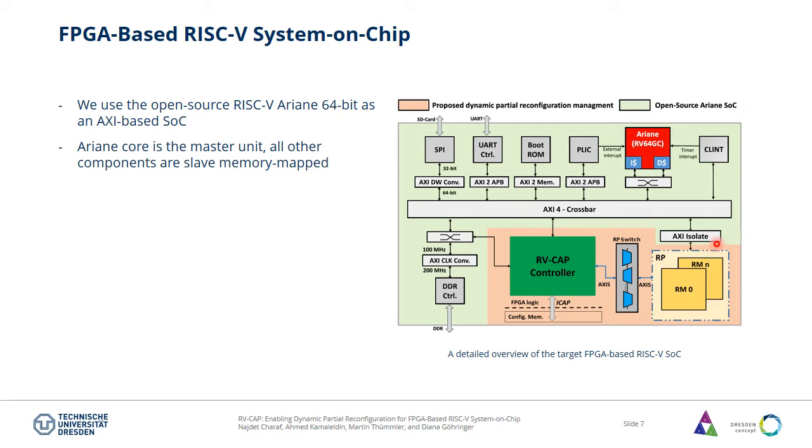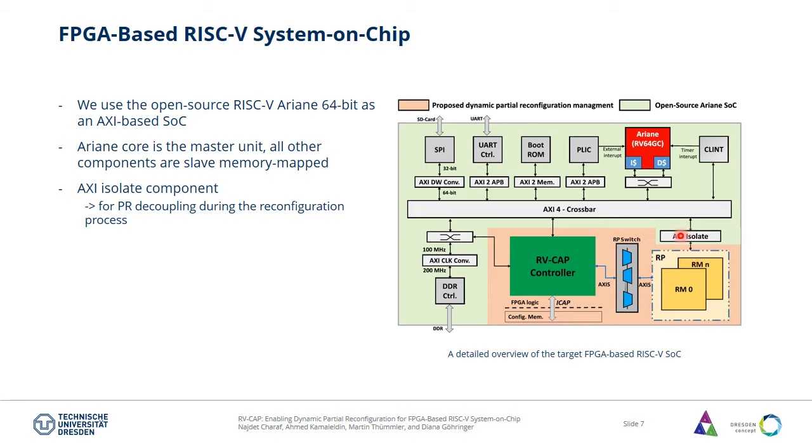We also add other components like an AXI clock converter, which converts 200 MHz to 100 MHz, and the AXI isolator, which decouples the RP regions from the static region during the reconfiguration process.